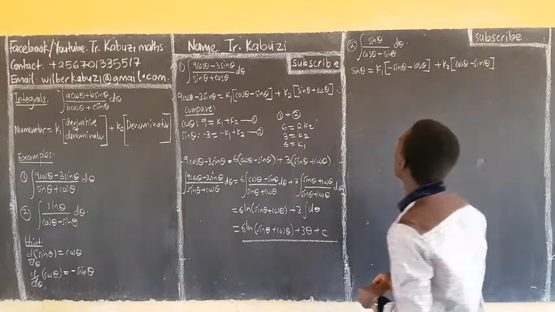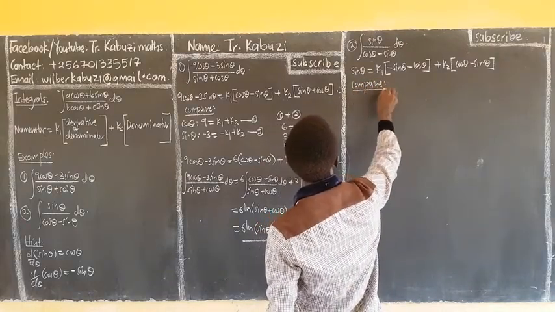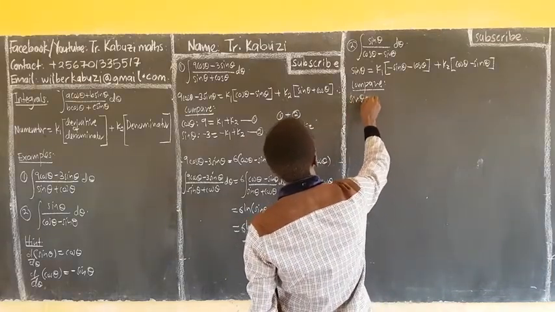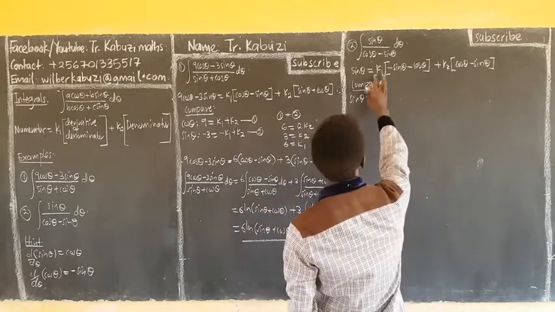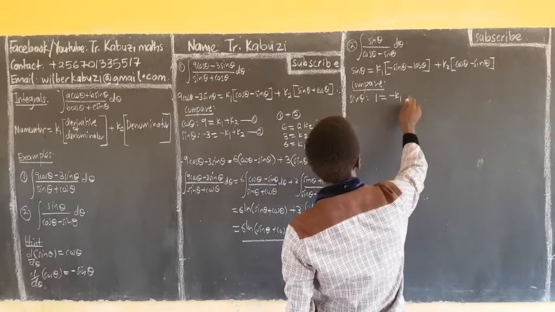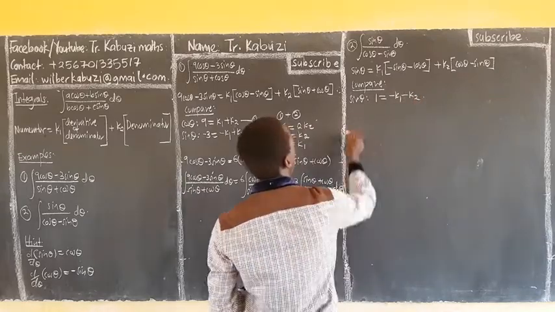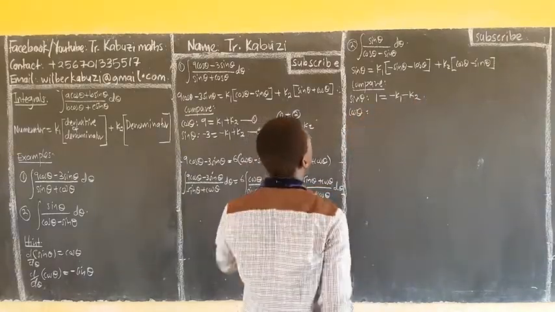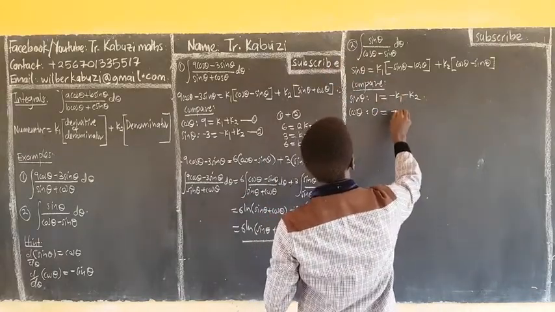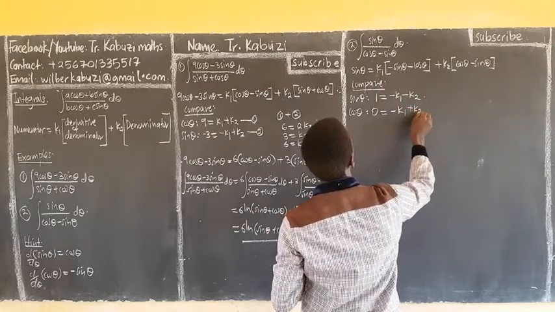As simple as that. Now we compare coefficients. Starting with sin theta, this side is 1 equaling negative K1 minus K2. For cos theta, there is no cos theta on this side, so 0 equals negative K1 plus K2.